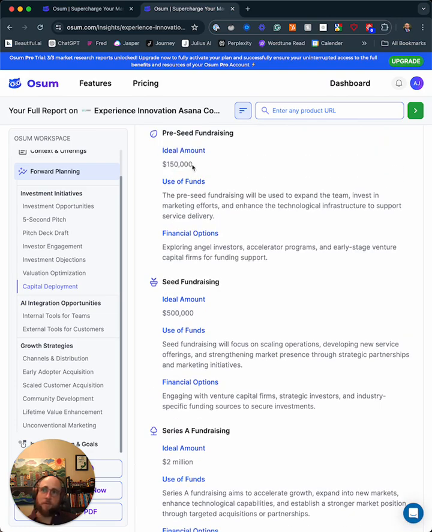So if all you're raising is 150,000, how are you going to use that to really accelerate growth? And I guess that's the thing I'd offer to the team at Osum as feedback: how do you take some of this great first draft of materials that you've created and that the platform is producing, and then scale that? How do we turn this into something actionable that a team can take away for strategy?